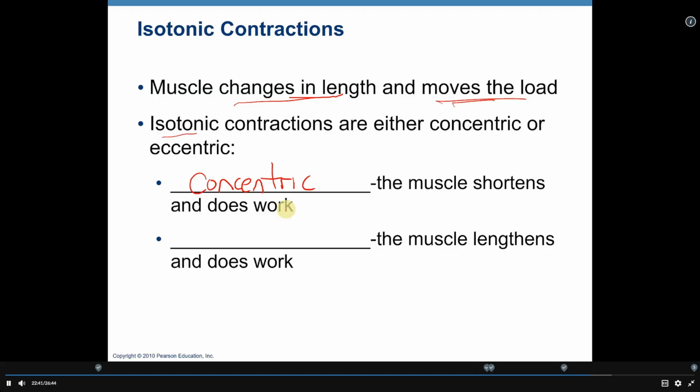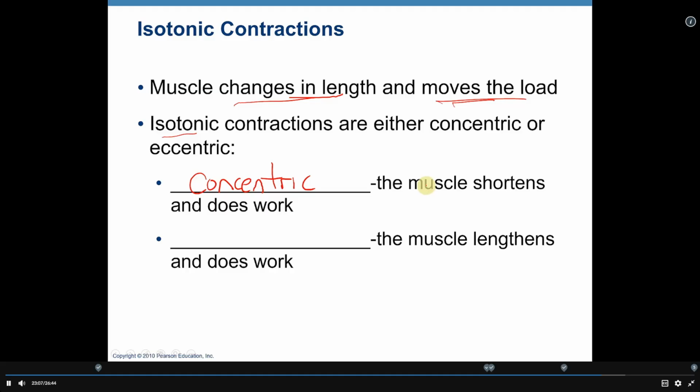As you lift it up, you're going to do flexion of the forearm. The muscles in your upper arm are shortening and you are moving the load. That's called isotonic because the muscle changes in length, and concentric because it's shortening. So isotonic concentric contraction is when the muscle shortens.